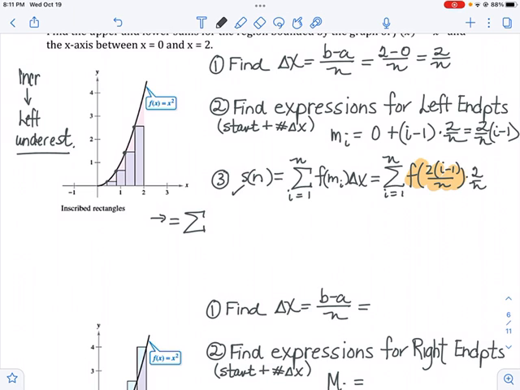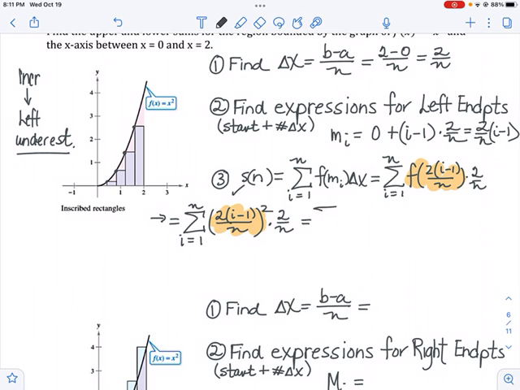So now it's equal to the summation from i equals 1 to n of the quantity 2 times (i minus 1) over n, squared. That represents the function x squared, right? And then I'm going to put in that 2 over n.